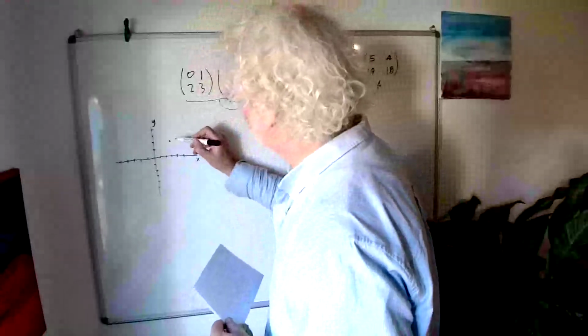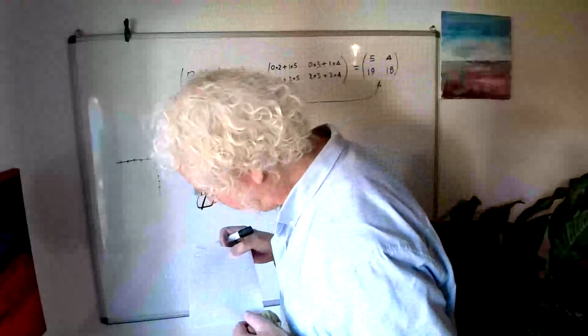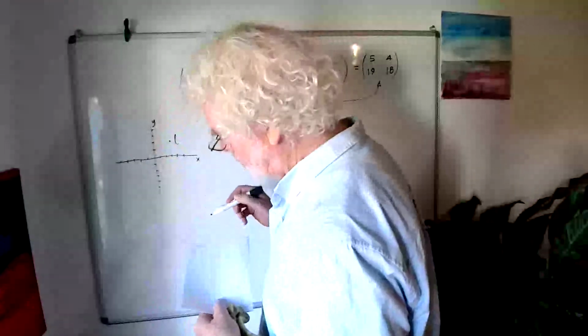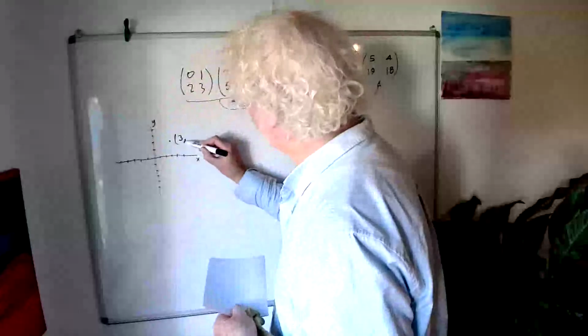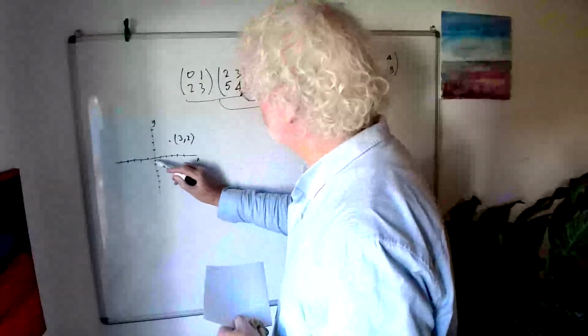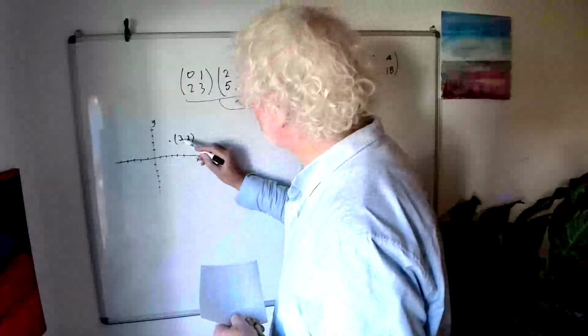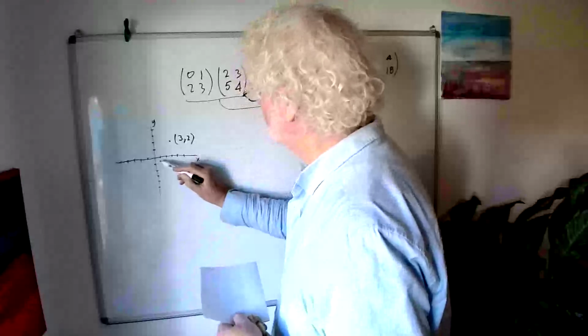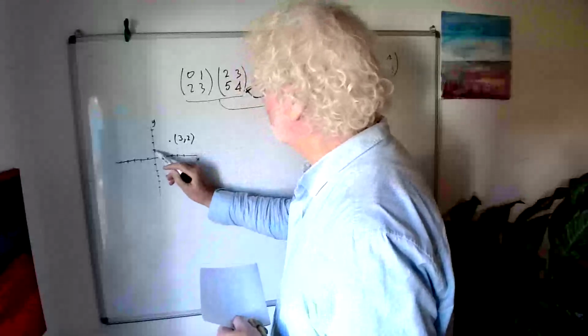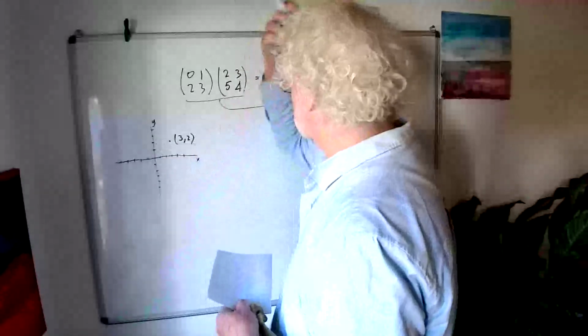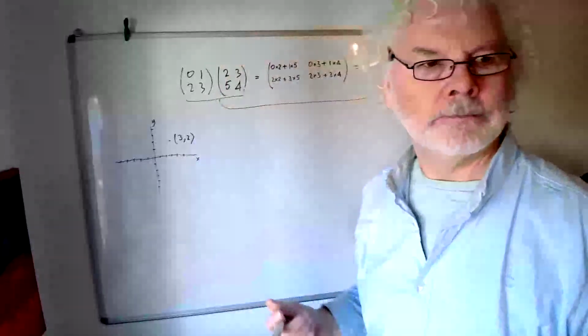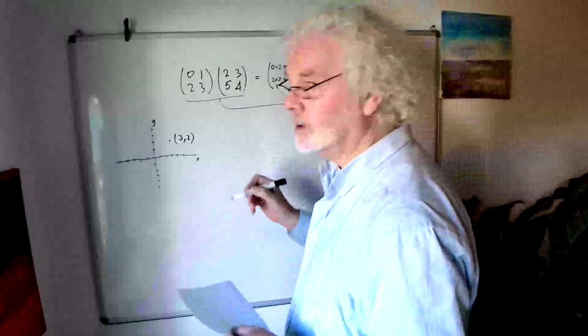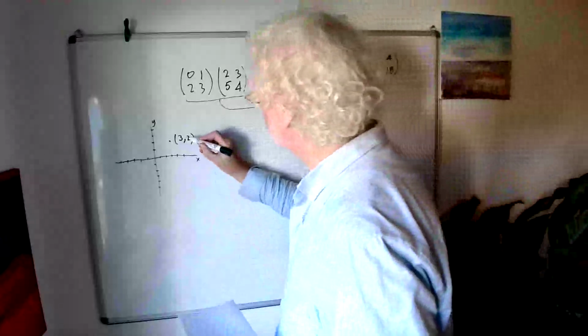Yeah. So that point is 3, 2. That's 3 along. You always do it. This is always the x, and then the second one is the y. Can you see that? I think you can. There's a 2 there.